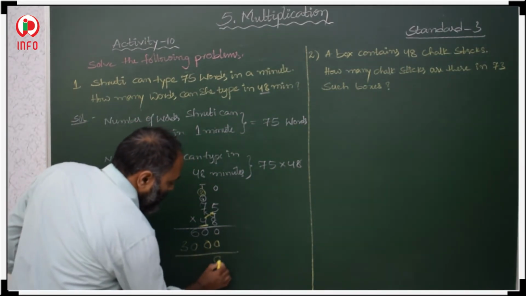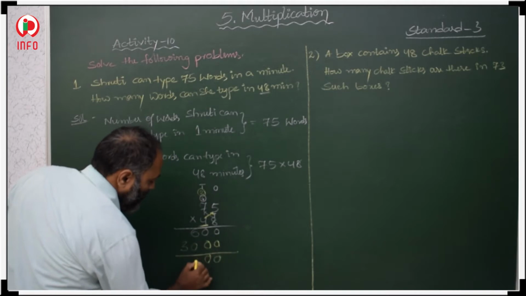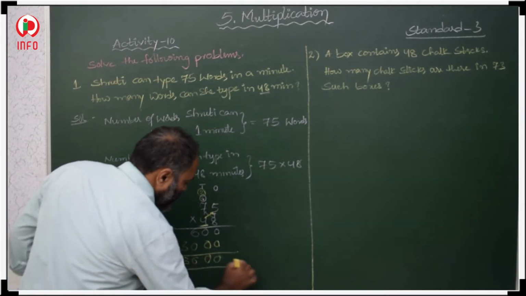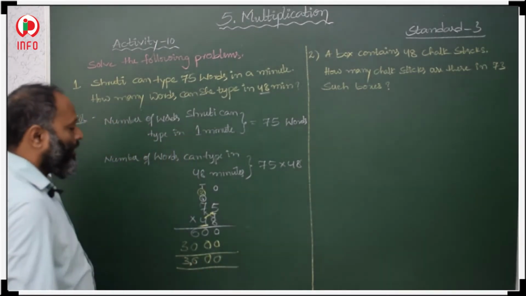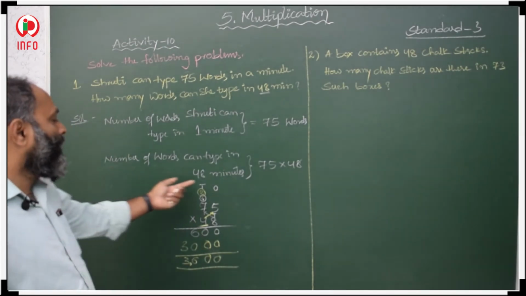Now add 0, 0, 6 and 3. 3600. How many words can she type in 48 minutes?